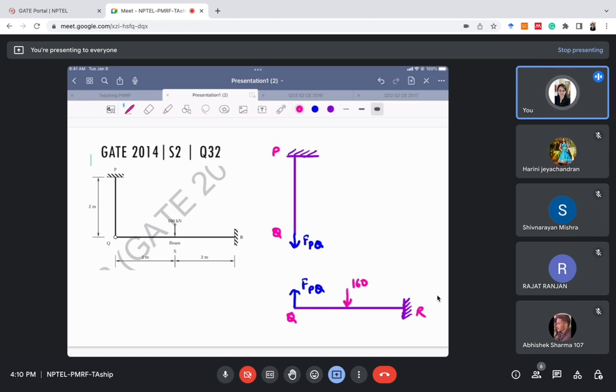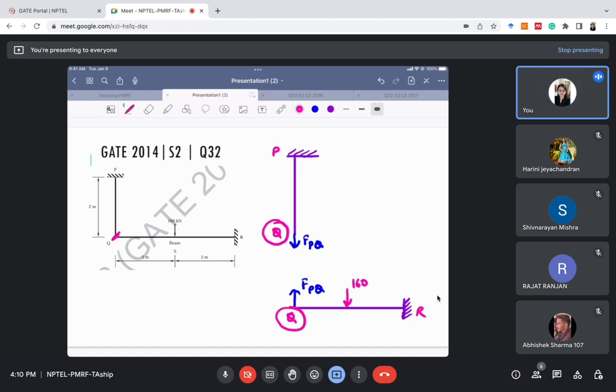So what compatibility condition can we use here? The condition which we can use here is that Q will have to deform equally. Whatever is the deformation in this part, the Q which is attached to this PQ structure, the same deformation should be there here also. Why? Because in the actual structure these two are attached.